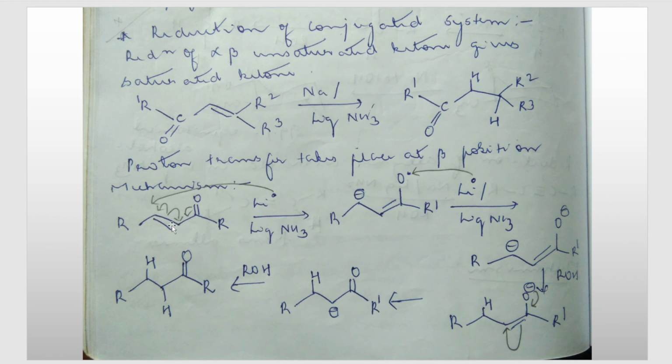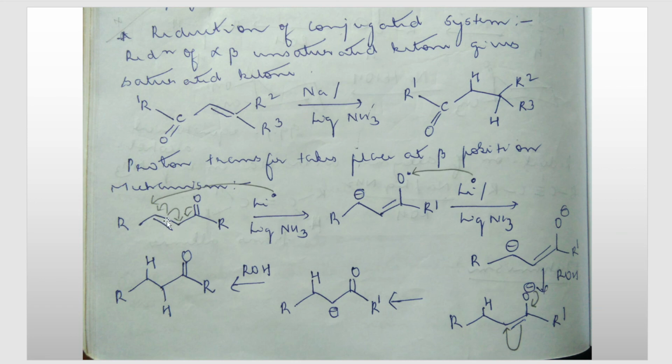So what happens is that the double bond splits or breaks in such a way that both of the carbons get one electron each, that is, both of them will get a dot on themselves. Dot means they have one odd electron. So this double bond, usually what we do, we shift both the electrons of the bond onto either one of the carbons, correct?